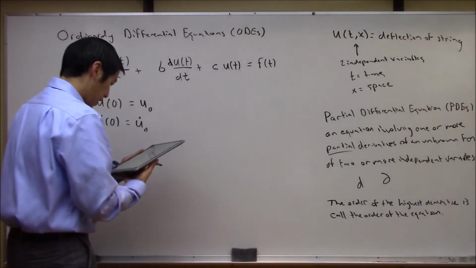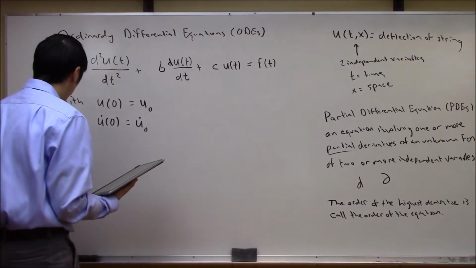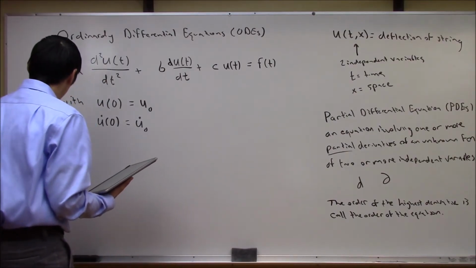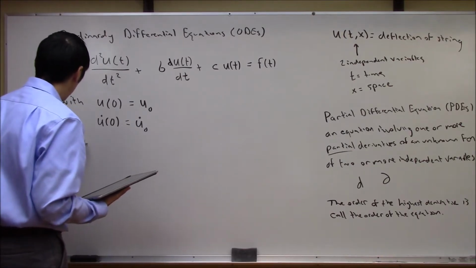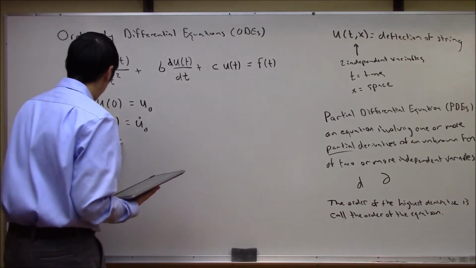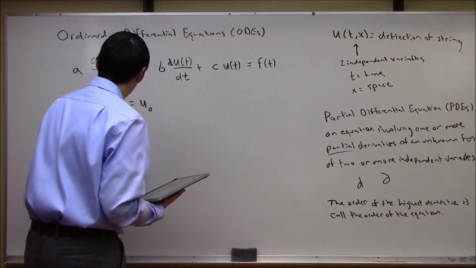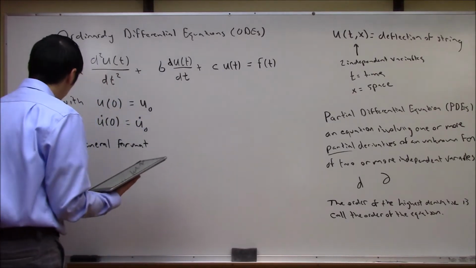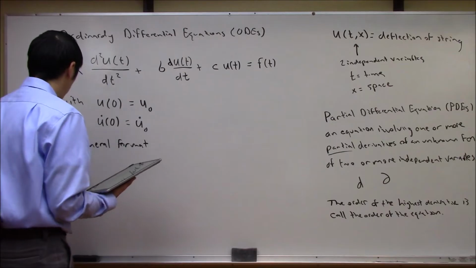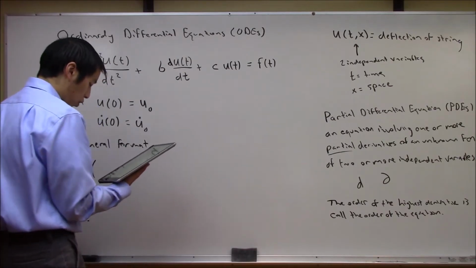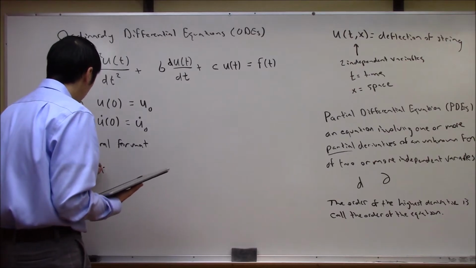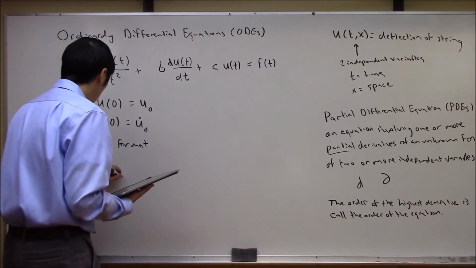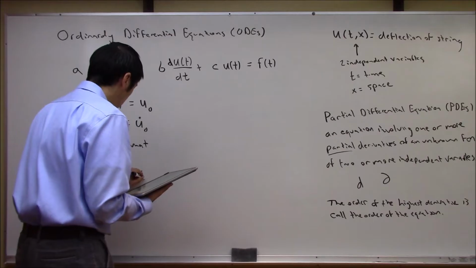So in general, let's just write that as PDE, like a general format. Okay, so we saw that this function, let's call it big F here, is going to involve potentially more than one independent variable. So you could have an x1, an x2, all the way up to an xn. So these are independent variables.